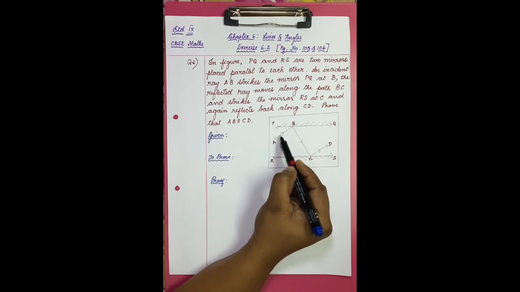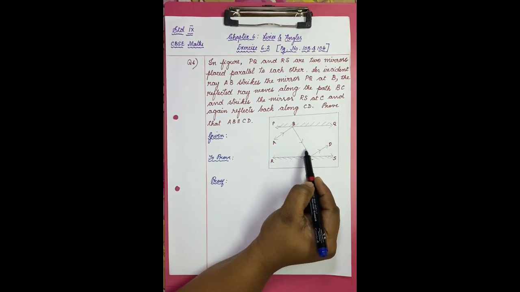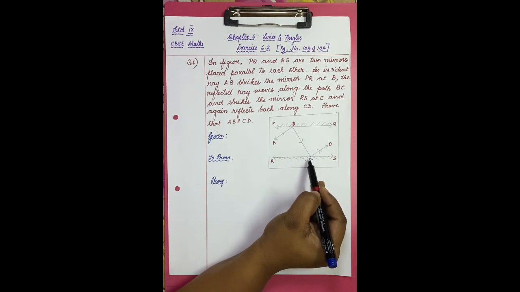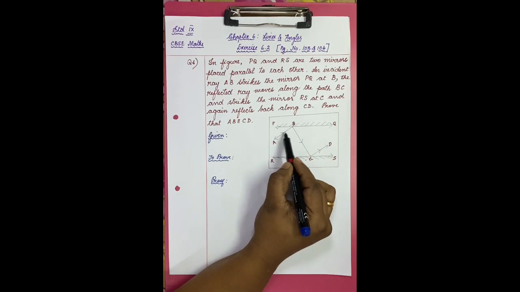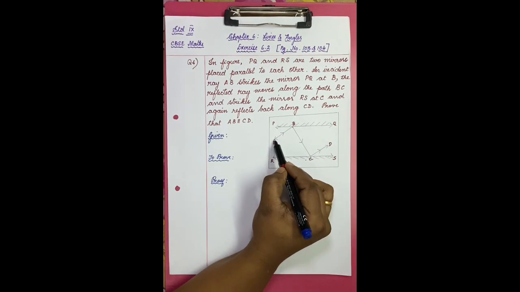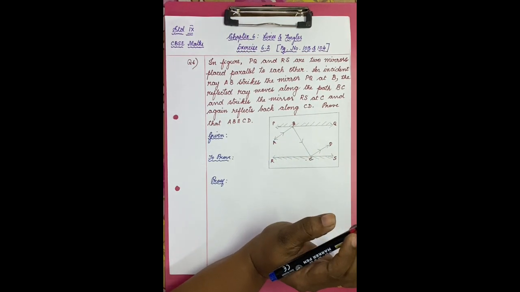When the incident ray strikes the mirror PQ at B, the reflected ray moves along the path BC and strikes the mirror RS at C and again reflects back along CD. Now prove that these two light rays, AB and CD, are parallel.